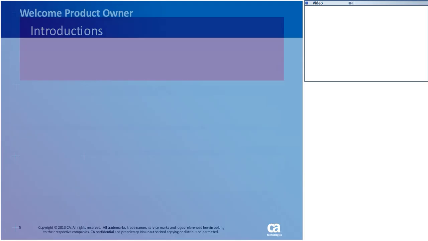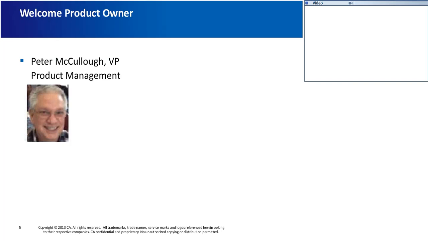All right, introductions. As Neil mentioned, I would like you all to give a warm welcome to our product owner, Peter McCullough, who is with Product Management. And Pete and I will be working together to assist in developing and actually implementing the product strategy for Harvest as well as Endeavor. So all of software change management from an enterprise perspective.